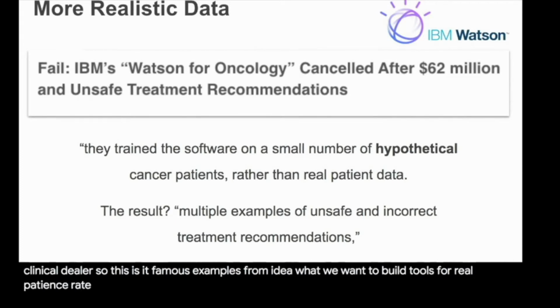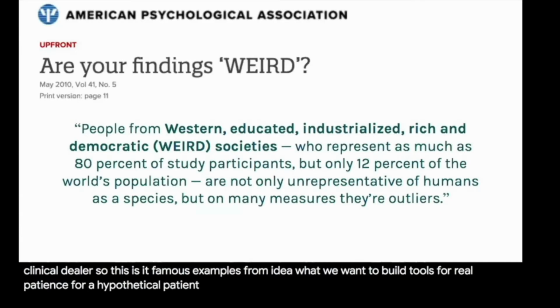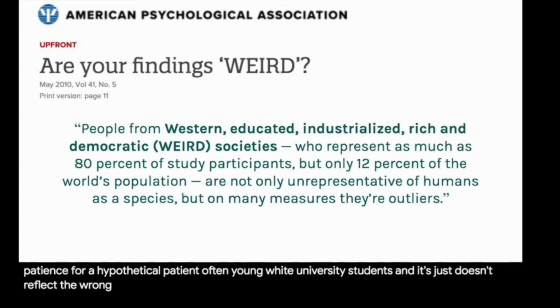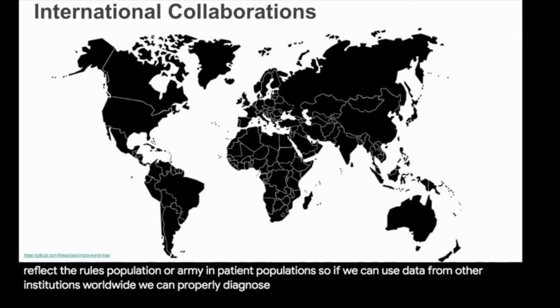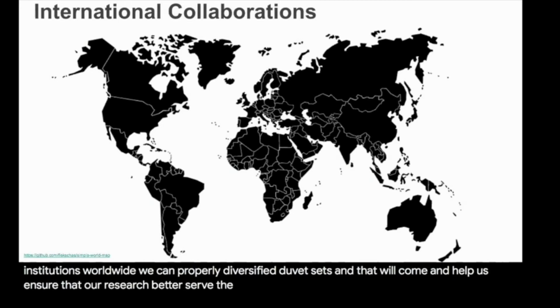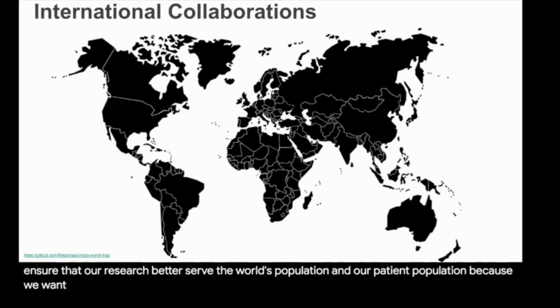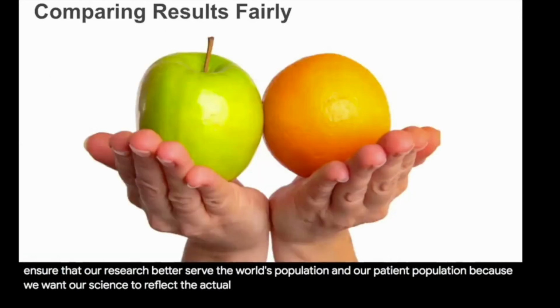Not hypothetical patients. But some of us do research, not necessarily clinical stuff. But even then, our subjects are often young white university students, and this just doesn't reflect the world's population or our main patient populations. So if we can use data from other institutions worldwide, we can properly diversify our datasets, and that can help us ensure that our research better serves the world's population and our patient population, because we want our science to reflect the actual population.